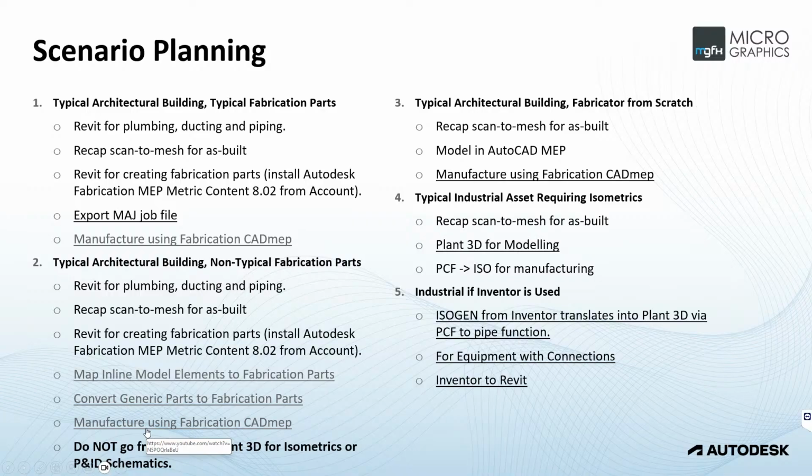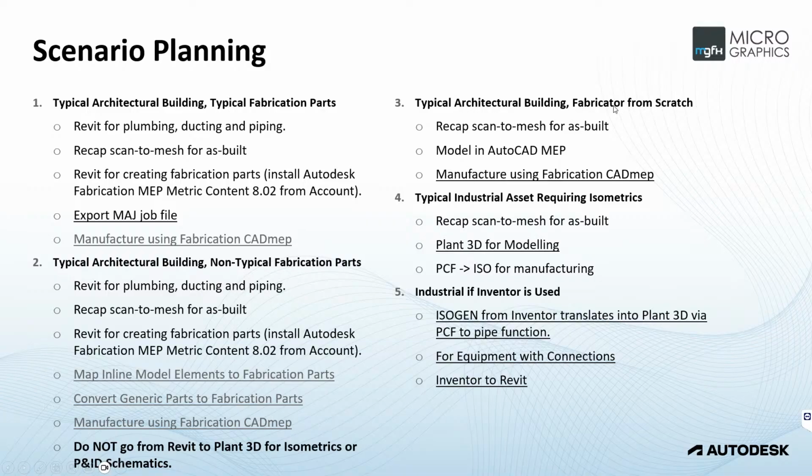And we discovered that it isn't trivial to go from Revit to fabrication parts and then to Plant 3D for isometrics. So if you are going to be modeling those types of models, don't use Revit. If it's petrochemicals or plants, don't use Revit.